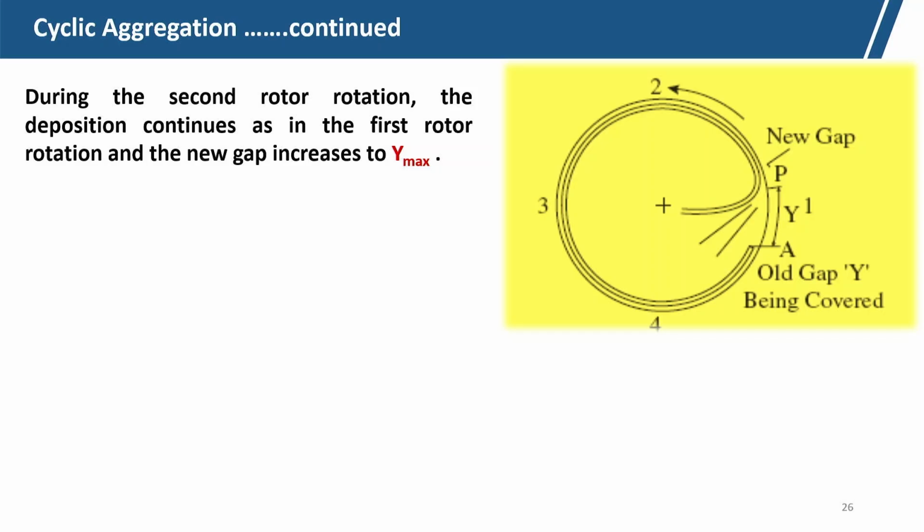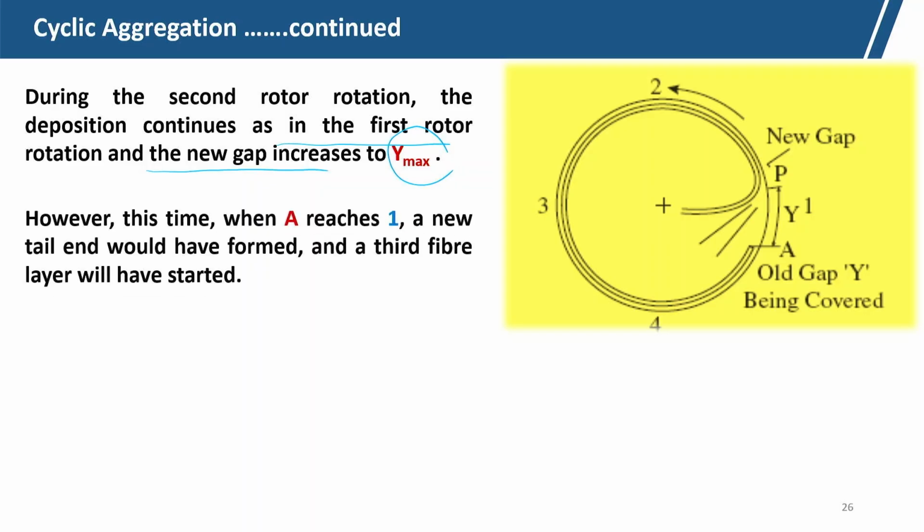During the second rotor rotation, the deposition continues as in the first rotor rotation, and the new gap is increased to Y max. The first rotor rotation we have discussed, and during the second rotor rotation the deposition continues as in the first, and the new gap increases to Y max, again it will increase.